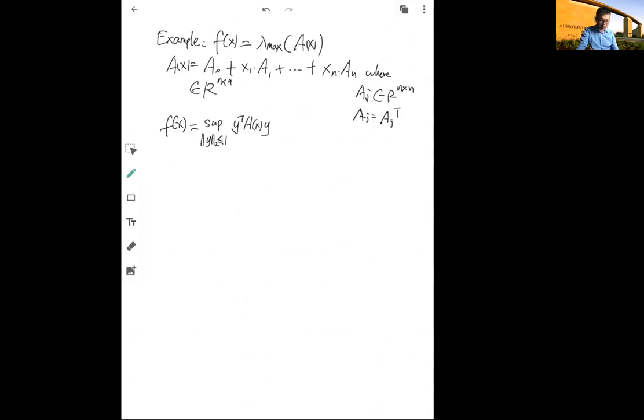A little hint is that this is in the form of a pointwise supremum, and we talked about how the pointwise supremum of convex functions is convex.